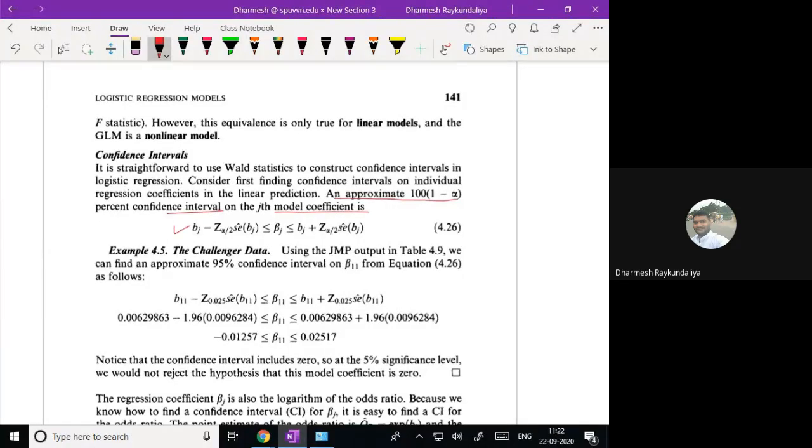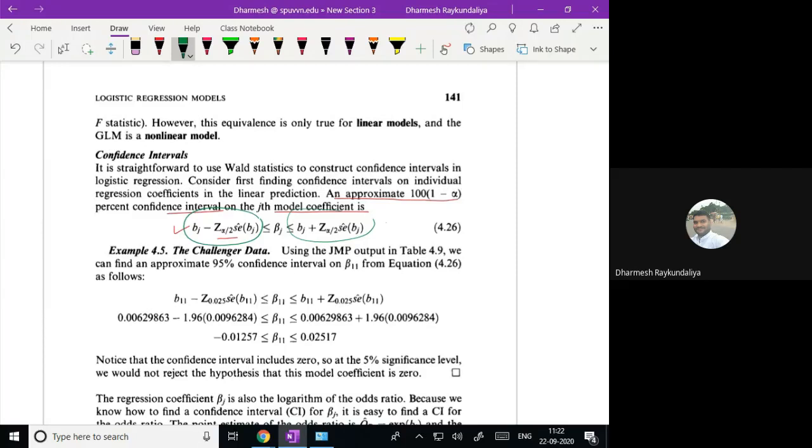The estimate of the jth model coefficient is Bj. What is the standard error? So that is the standard error of Bj, SE(Bj), and the test statistic is Z, but we are talking about the confidence interval. So it is here Z alpha by 2. Bj minus Z alpha by 2 times the standard error of Bj is the lower bound, and this is the upper bound. So this is the lower bound.